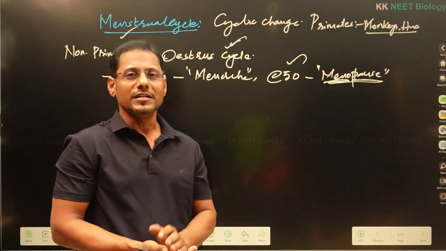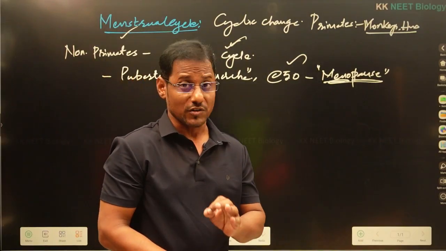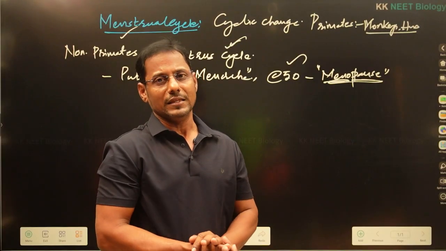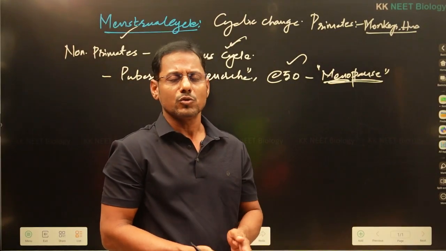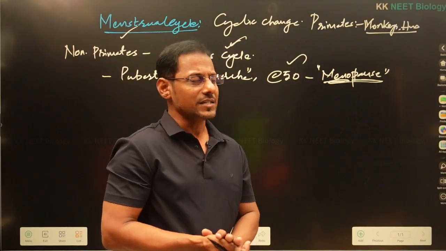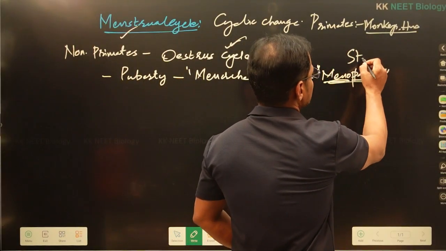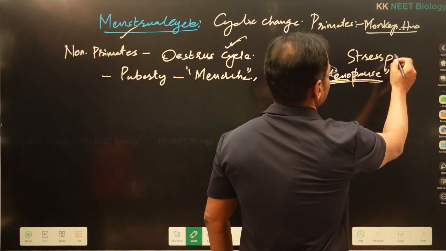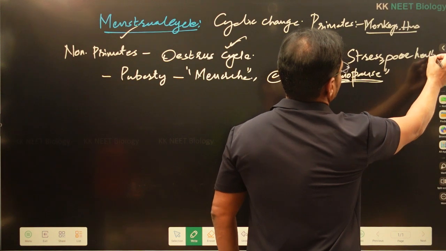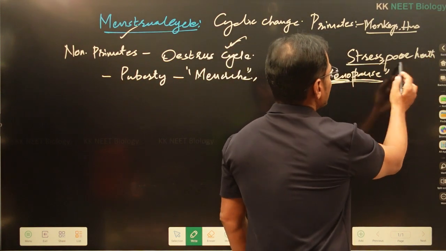If you are preparing for the NEET examination, sometimes you may undergo stress. In that condition, or if you have poor health, the menstrual cycle is going to be temporarily ceased. What? In case of stress or in case of poor health, the menstrual cycle is temporarily ceased.